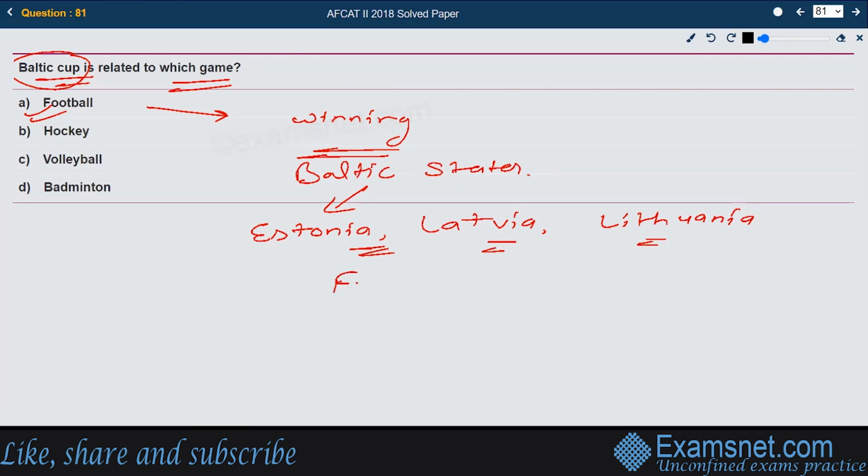Although Finland also participated as a guest twice, they participated as a guest only. So the right answer is football.